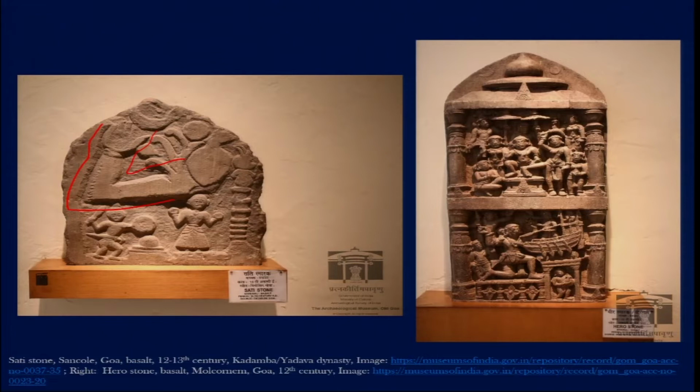This particular Abhaya Mudra, with the hand bent at the elbow, had become an established iconographical aspect of making sati stones. More than the face or any other part of the identity, it is the particular way the hand is raised.